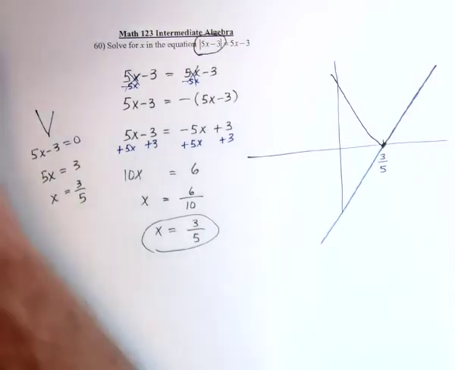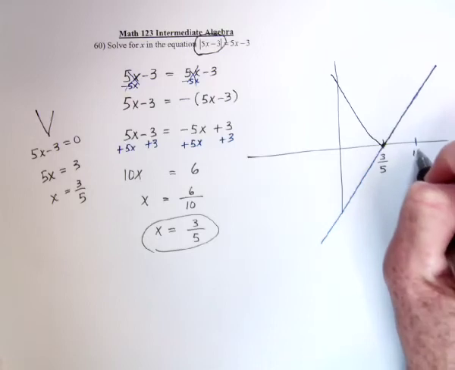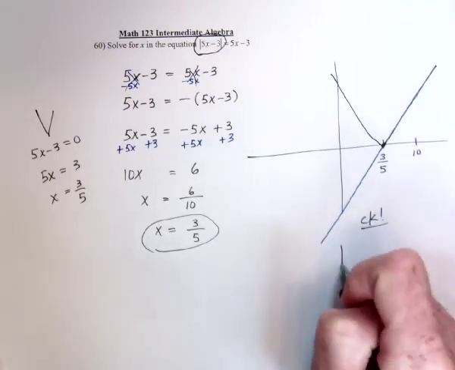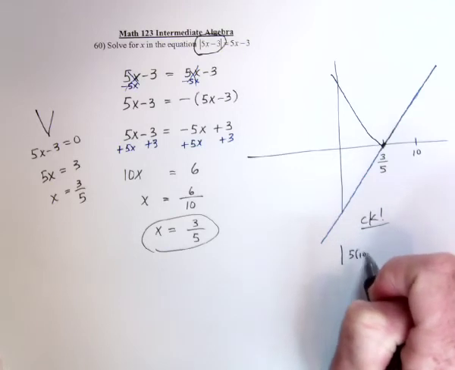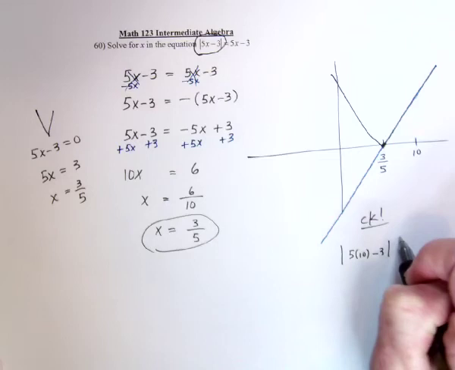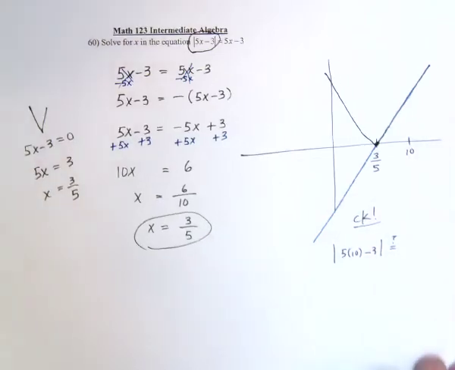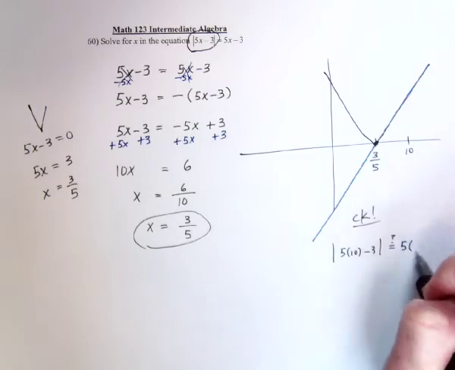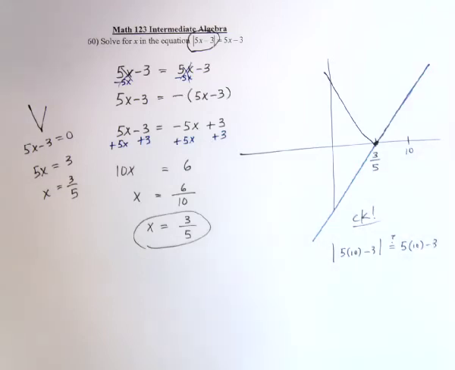So, if for example I pick a number over here like 10, and I check the absolute value of 5 times 10 minus 3, does that equal 5 times 10 and then minus 3?